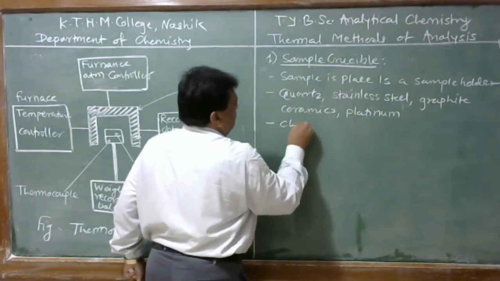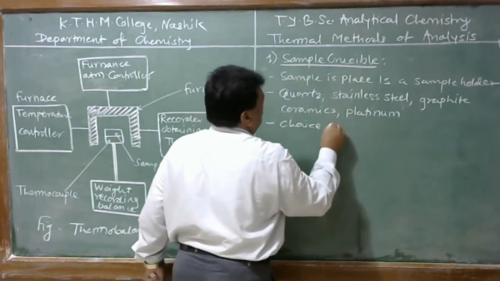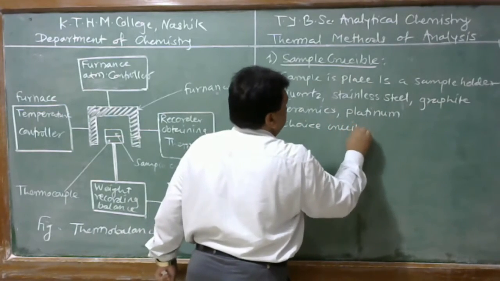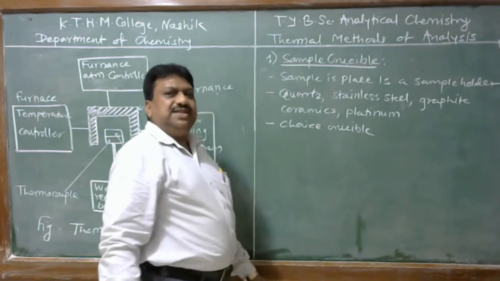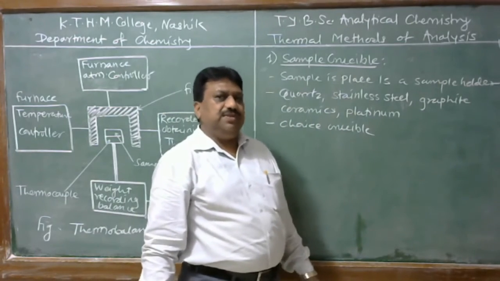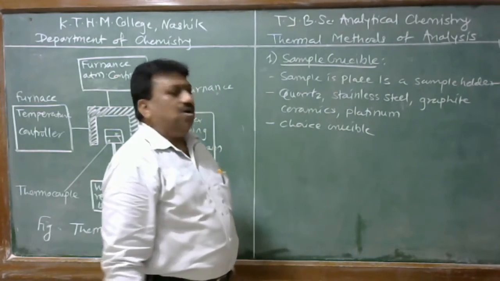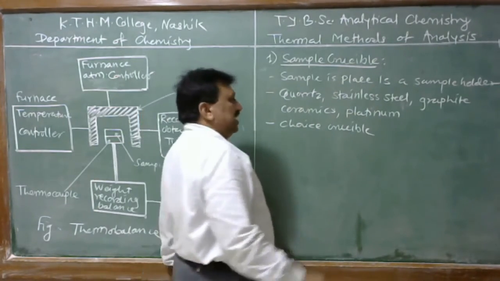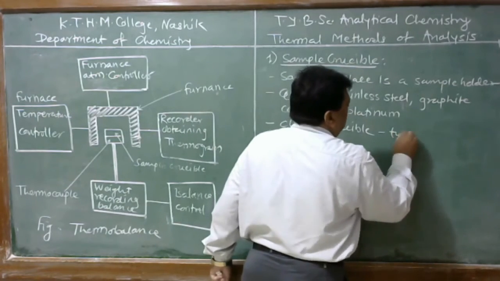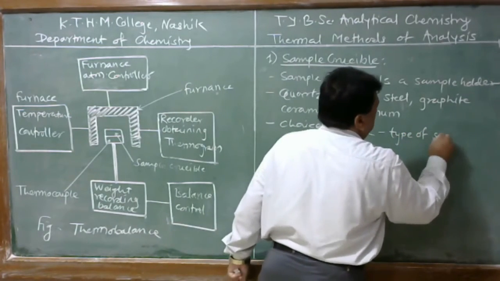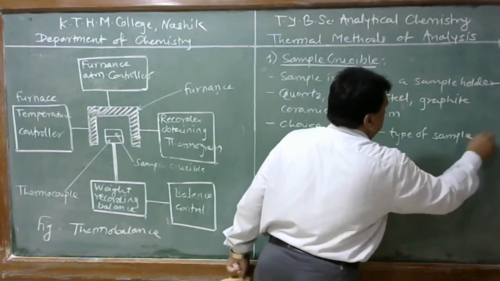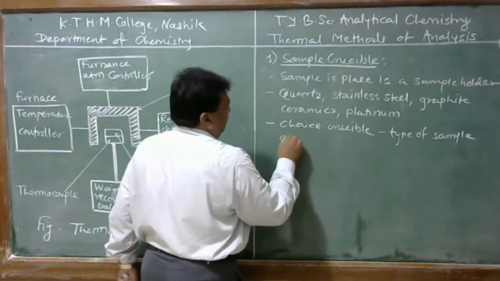The choice of crucible, whether it will be a silica crucible, stainless steel crucible, platinum crucible, graphite crucible or ceramic crucible, depends upon the type of sample and the heating temperature.